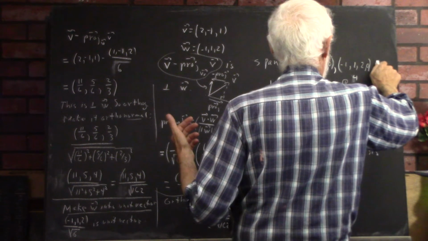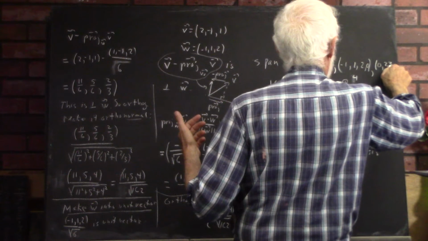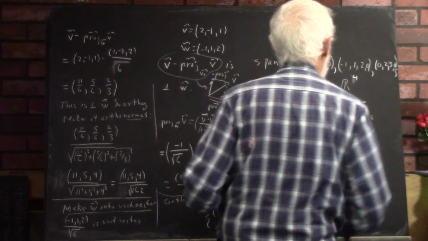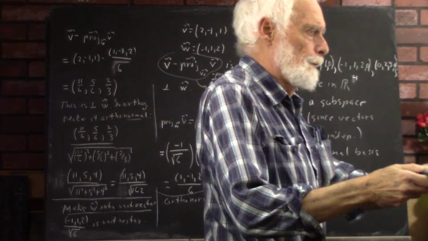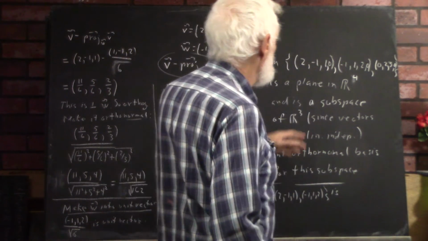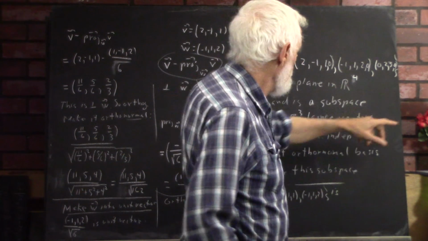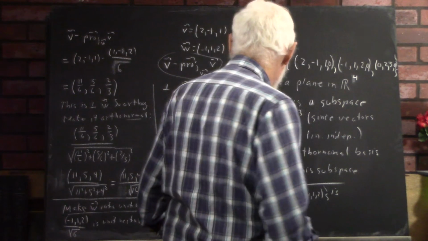I'm going to make it 0, 2, 3, 0. Can you read that? You can't, because the camera's not over there. Okay, so I want the span of these three vectors to be represented by a set of orthonormal vectors.